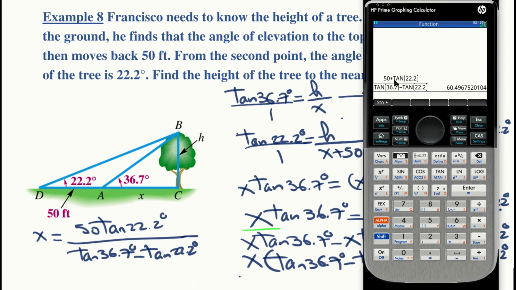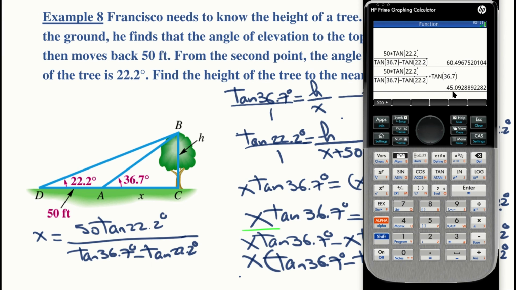So let's bring that down and multiply it right away by the tangent of 36.7. This is perfectly done because it is not doing any intermediate rounding, which gives you the most accurate possible answer.